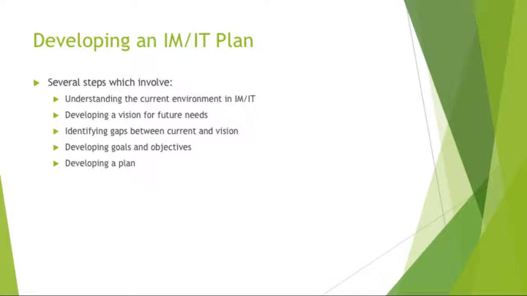When developing the IMIT plan, there are a number of steps which are followed. Overall, these steps help to ensure that the current environment is understood, that a solid vision for the future needs is established, that any gaps between the current state and the vision are identified, that goals and objectives are formally developed and documented, and that the plan is developed, documented, and communicated.